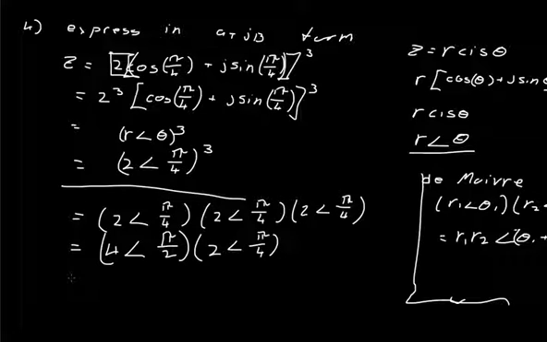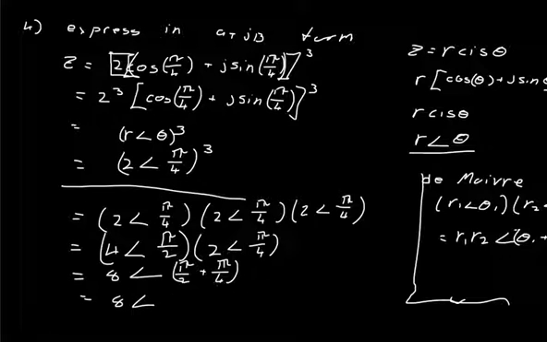Okay, so again we use de Moivre's theorem, which says multiply the r's, so 4 times 2 is 8, then add the angles, pi over 2 plus pi over 4. Okay, that is equal to 8 angle, pi over 2 plus pi over 4 is 3 pi over 4.